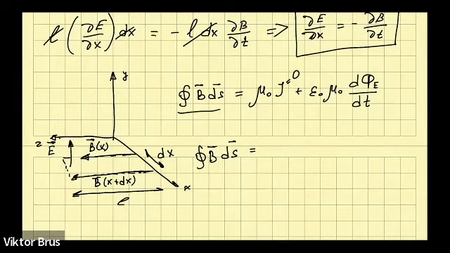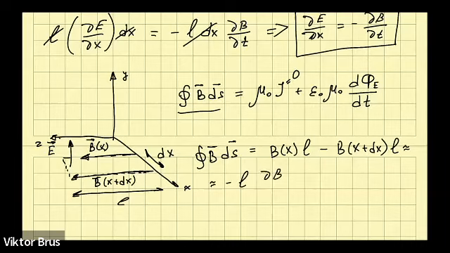So here it will be Bx times L minus Bx plus delta x times L. And this is approximately equal to minus L times the partial derivative of the magnetic field over position times dx.